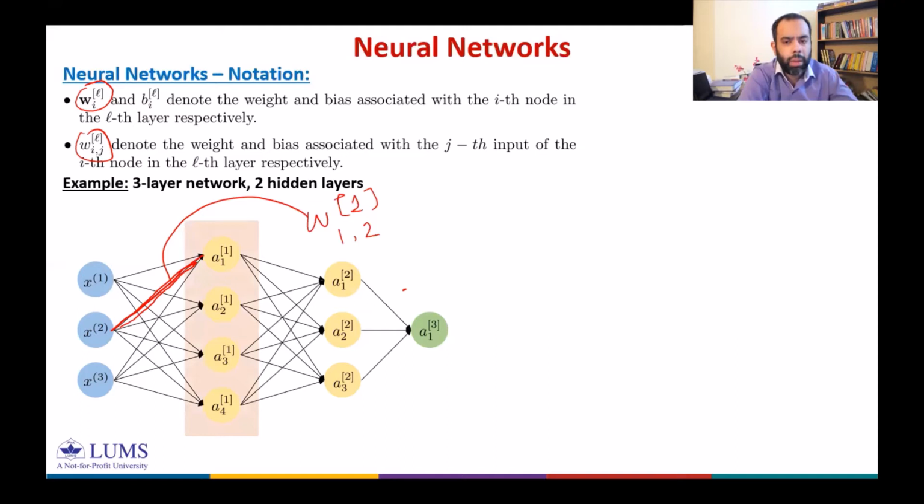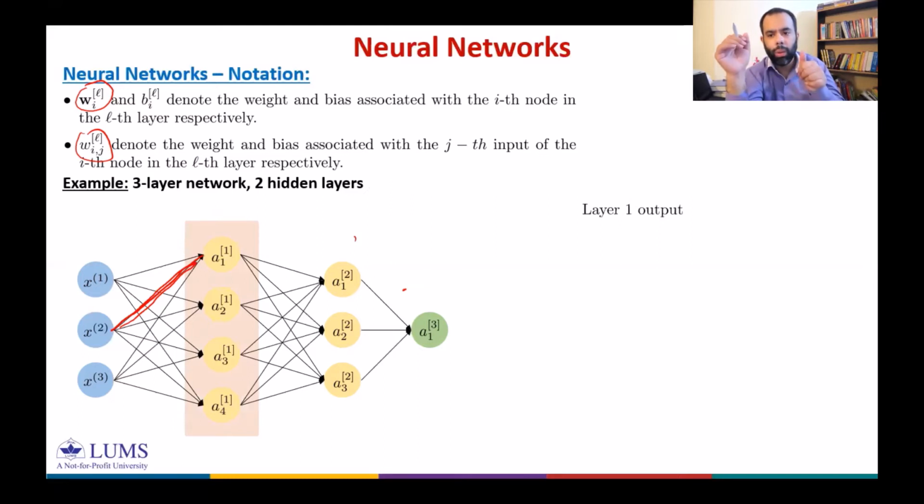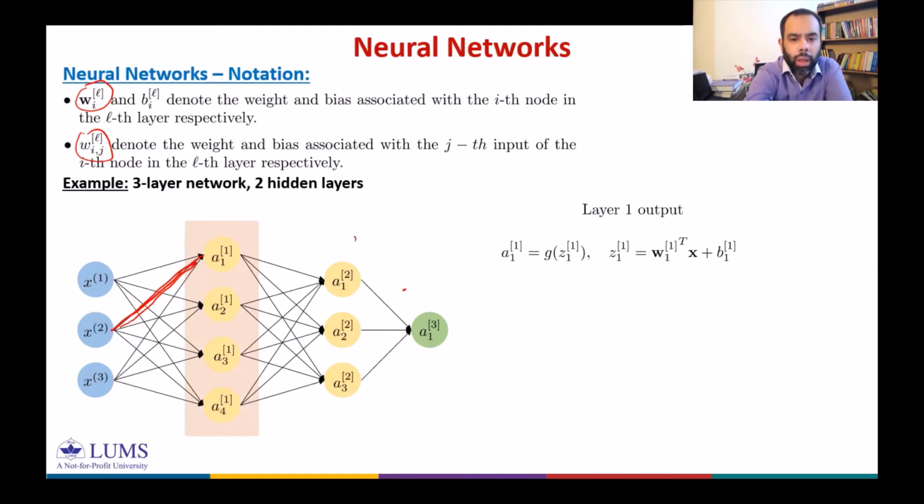If I ask you, using the notation, can you relate the output of the first hidden layer? Let's say we want to determine the layer 1 output. What about the output of the first neuron? Pre-activation output would be w_1^[1] transpose x plus b_1. Right.